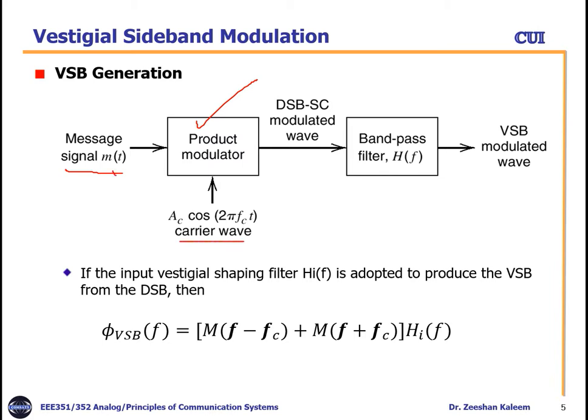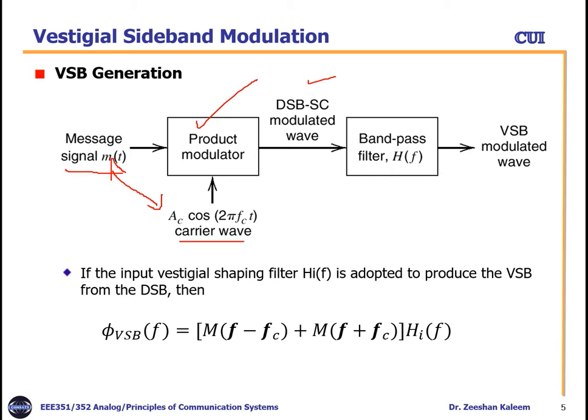So that will multiply these two, m(t) and the carrier signal, right? And in the end you will get m(t) cos 2 pi fc t, which is called the double sideband suppressed carrier modulated wave. Why is it suppressed carrier? Because we are not transmitting an additional carrier beside the modulated signal.